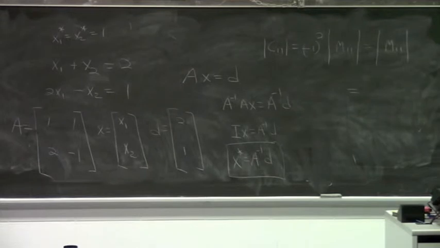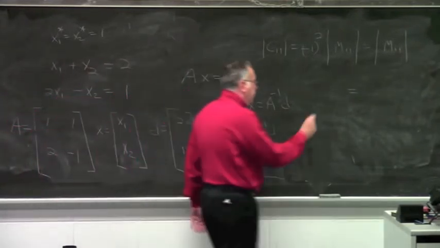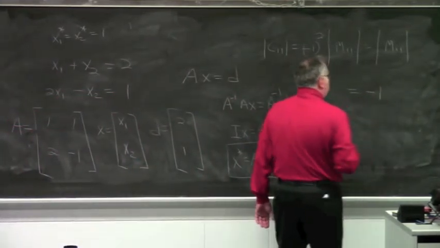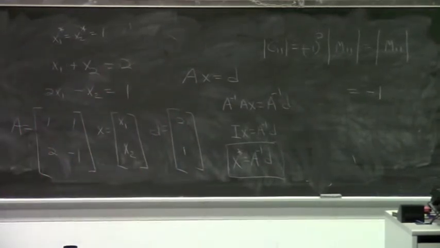What do you do? You delete the first row and first column. What's left? Just a negative 1. Since it's a 2 by 2, there's only one element, so that is the minor. So the minor here is just negative 1. Do you all see that? So that is C11. It's just a negative 1.